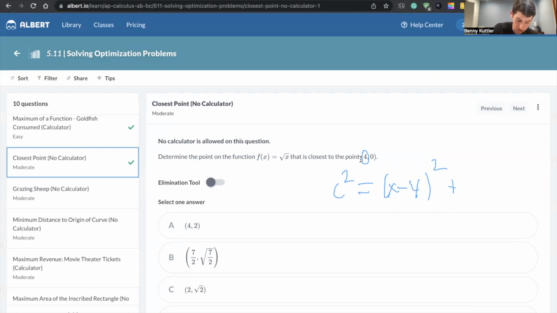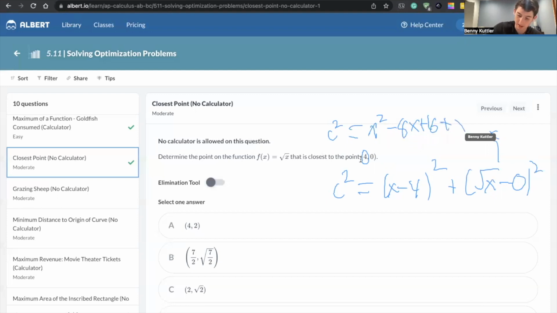So we have plus square root of x minus 0 squared, and that's just going to be x. So if we multiply this out, we get c squared equals x squared minus 8x plus 16, and then plus x. So that's going to look like c squared equals x squared minus 7x plus 16.